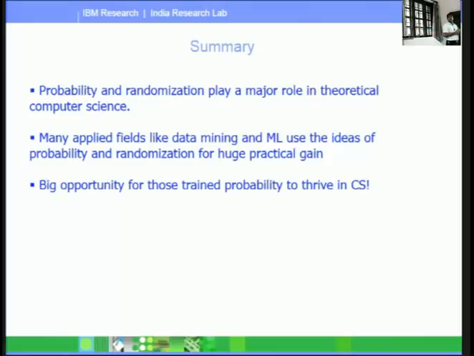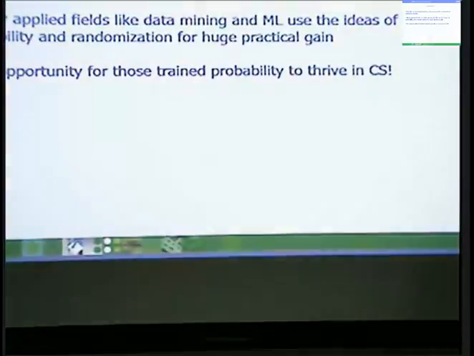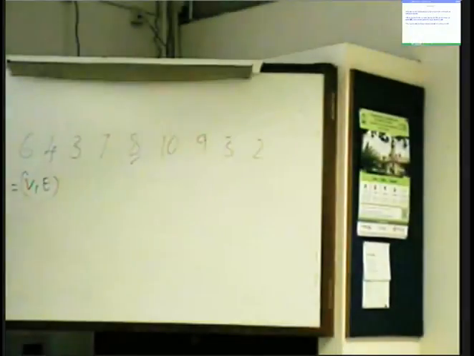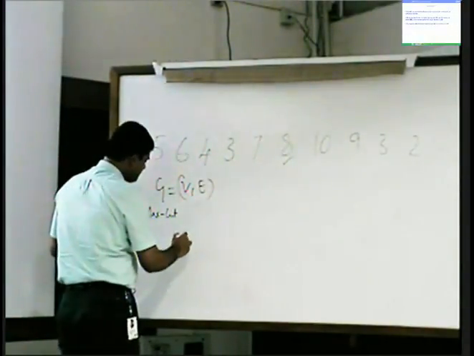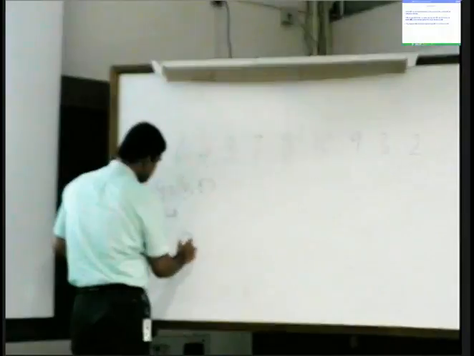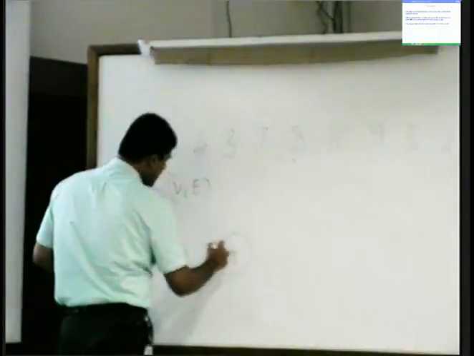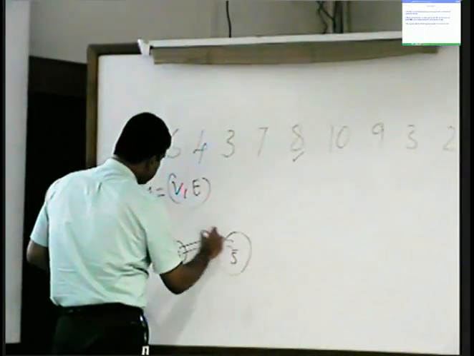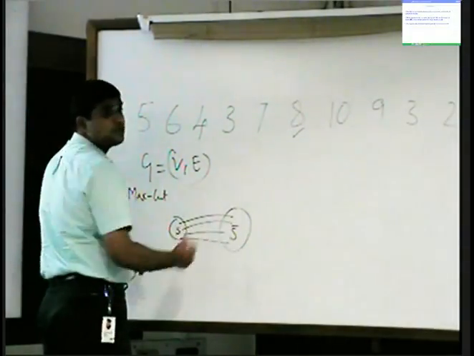Okay, so the first question is, suppose I give you a graph. You already know what a graph is. The max cut in this graph is defined to be some subset of vertices S and its complement S dash, such that if you look at all the edges in E, these are all the edges going from S to S bar.